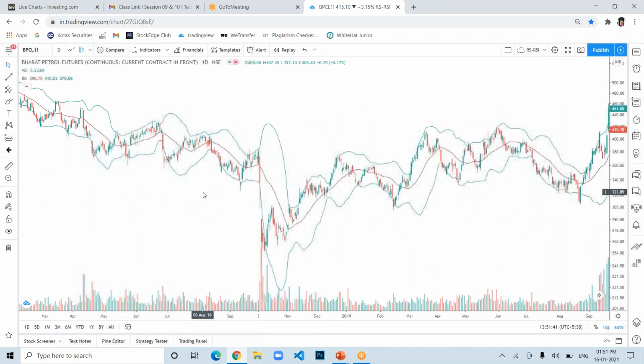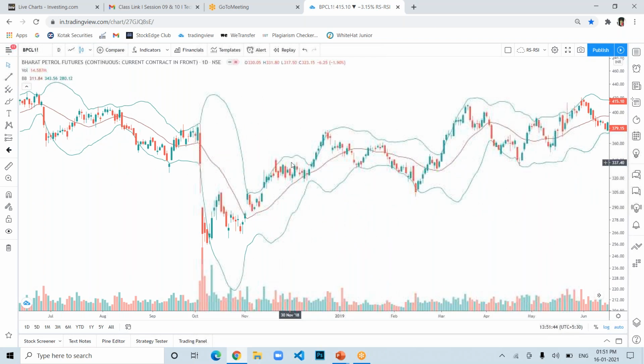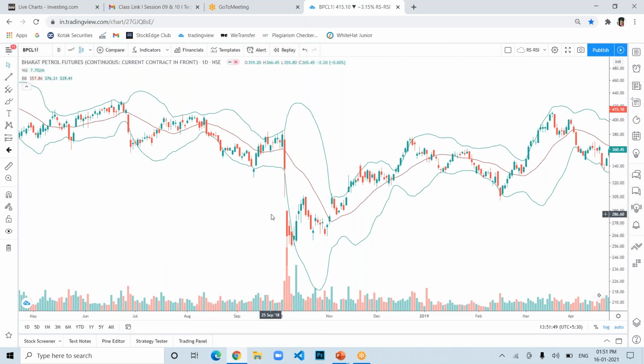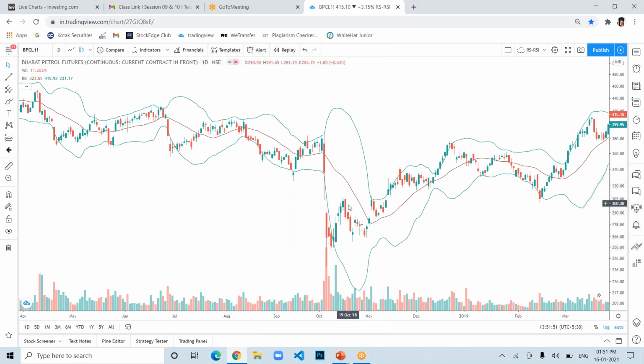Right, now look here. This is kind of a double bottom. Can we call it a double bottom here? Right? So the first bottom is made outside the band. Look here, I hope everybody can follow my mouse. The first bottom is made outside the band. The second bottom is well within the band.